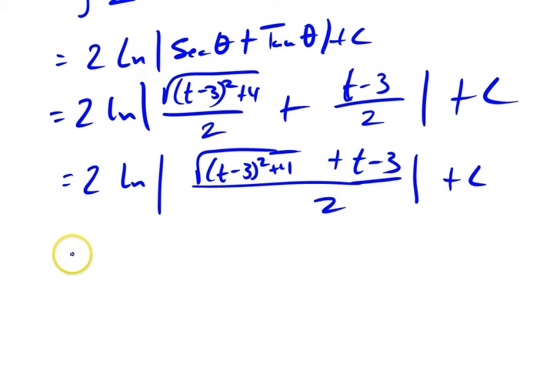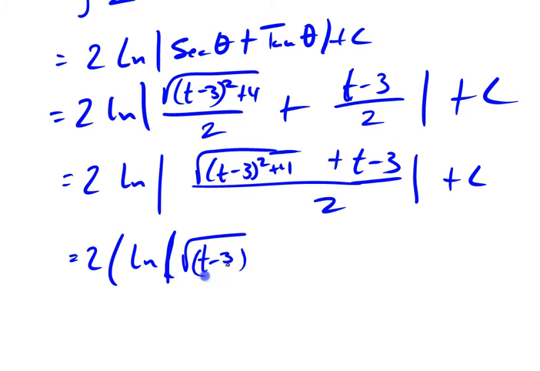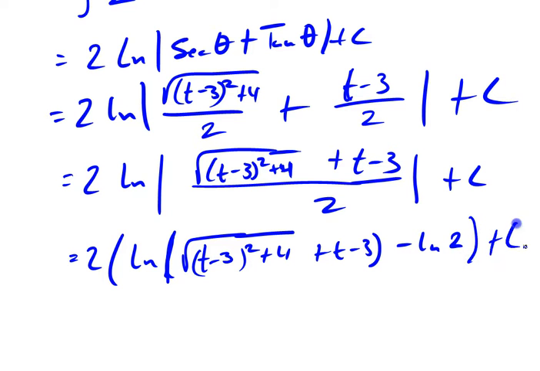So they can rewrite this as 2 times the natural log of the absolute value of the numerator, square root of t minus 3 squared plus 4 plus t minus 3, minus the natural log of the denominator, which is 2, plus a constant. And that should be an absolute value sign.